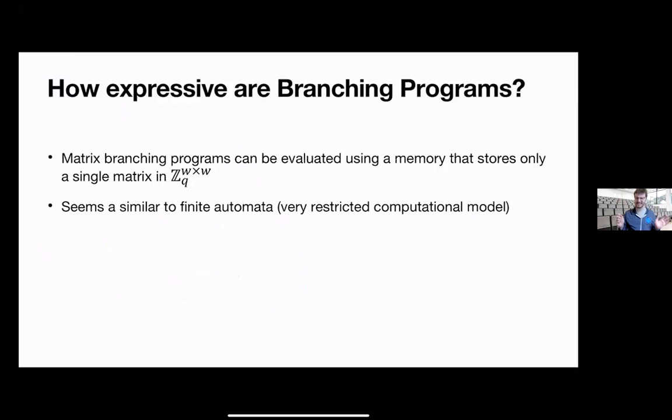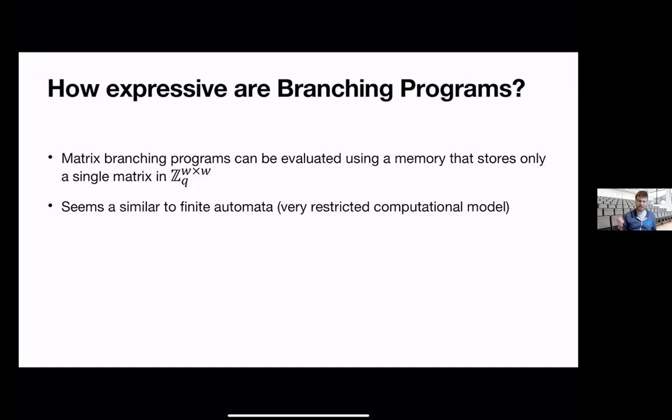You can evaluate these things with very little memory. And in that sense, they look pretty similar to finite automata, right? A finite automaton reads an input string, and for each bit of the input string, it goes into another state. Such a state change can actually be modeled via matrix multiplication.